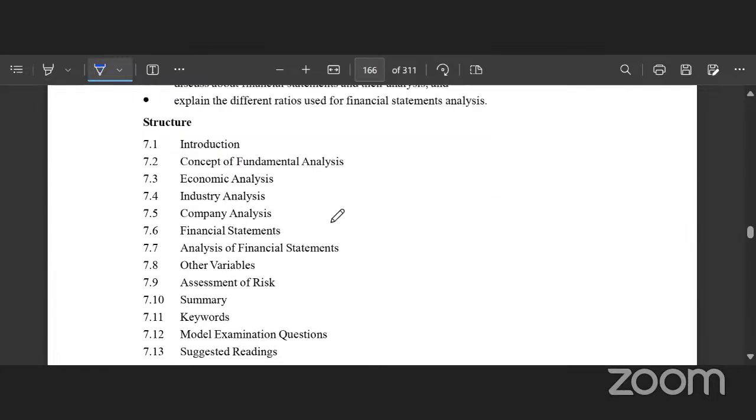In fundamental analysis, we have two approaches. One is the top down approach. The other one is the bottom up approach.